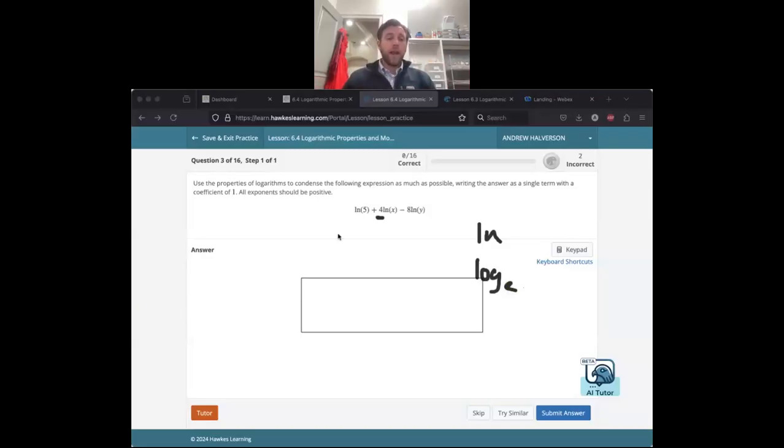So we have to get rid of the 4 first and the 8. Not get rid of it, but we have to move it. How can we move it? Well, the power rule says take the 4 and make it the exponent of that x. And take that 8, move it from in front to the exponent of the y.